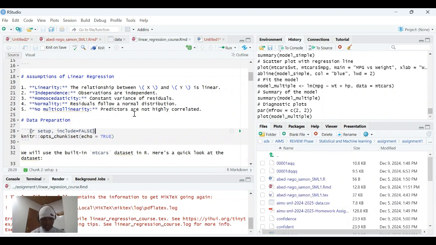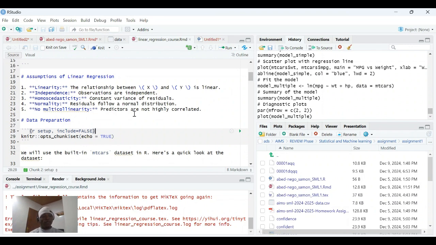The fourth assumption is that residuals follow a normal distribution, and it is a bit linked with the third assumption.